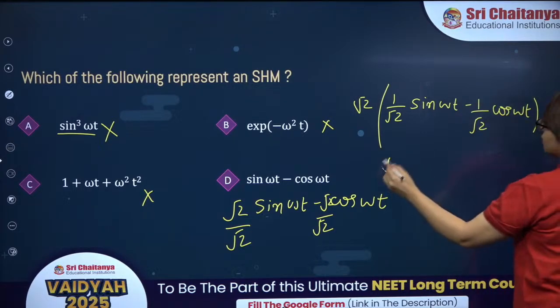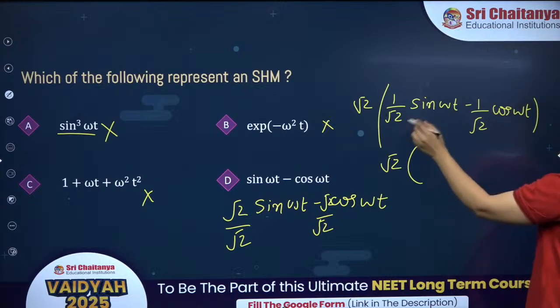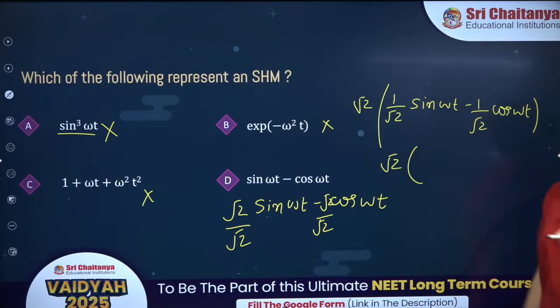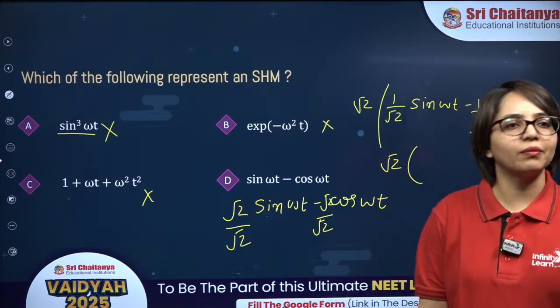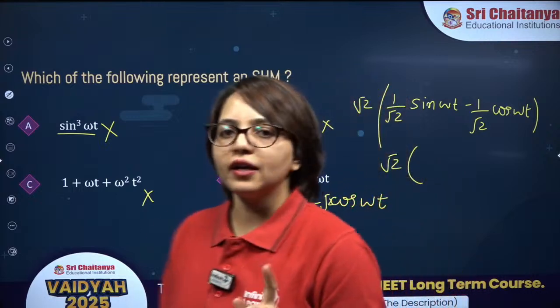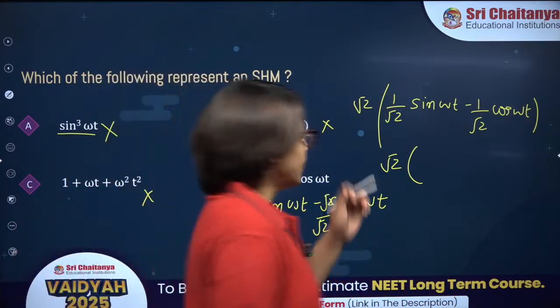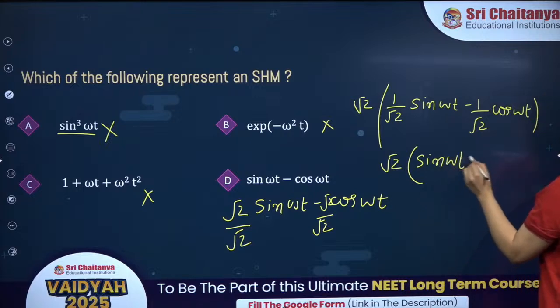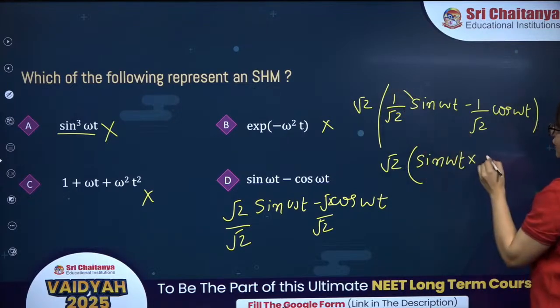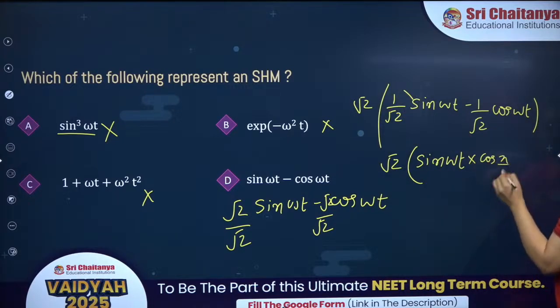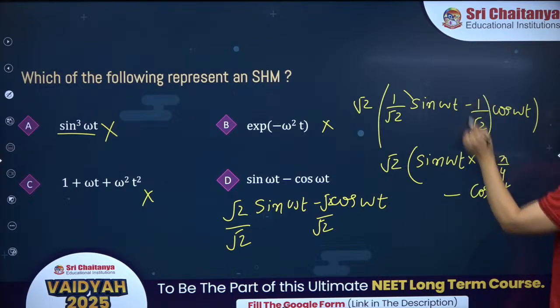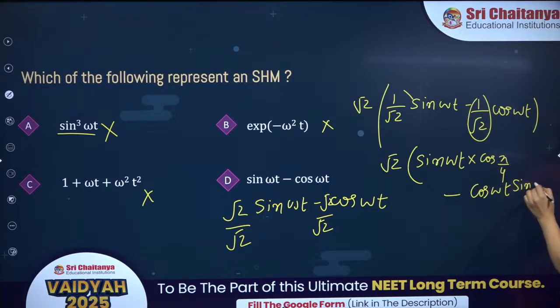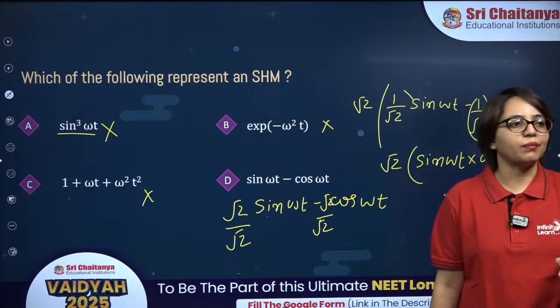We'll be replacing this 1 by root 2 and 1 by root 2 with sin 45 and cos 45. So this is sine omega t into 1 by root 2, which is nothing but cos pi by 4, minus cos omega t, and 1 by root 2 over here can be written as sin pi by 4, because sin pi by 4 as well as cos pi by 4 both are 1 by root 2.